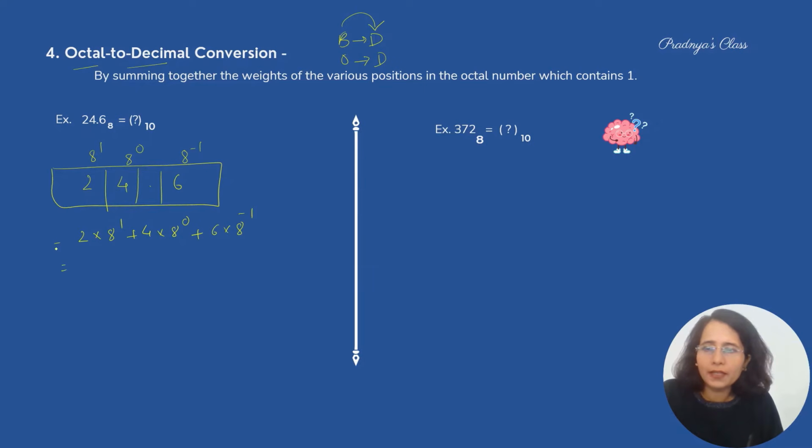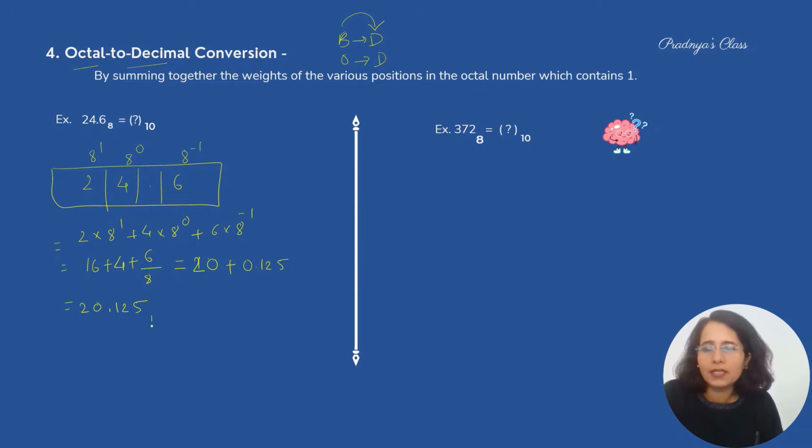So you will get 2 into 8 is 16 plus 4 into 1 is 4, and then 6 divided by 8. So after calculation, this is 16 plus 4, we can write directly 20, and 6 divided by 8 is 0.125. So our answer is 20.125.